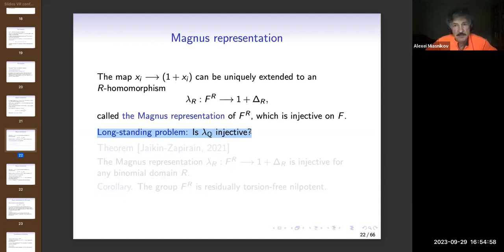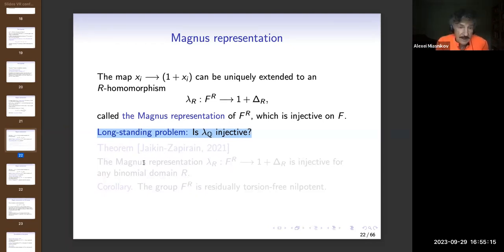Every time Remeslennikov came to New York to work, say, on one-relator groups or something else, the first two weeks we spent trying to prove that it's indeed injective.